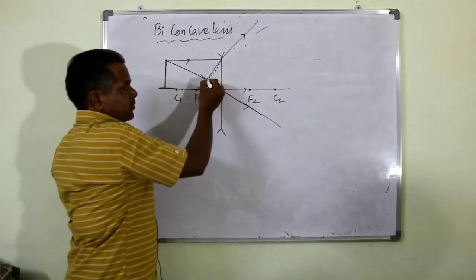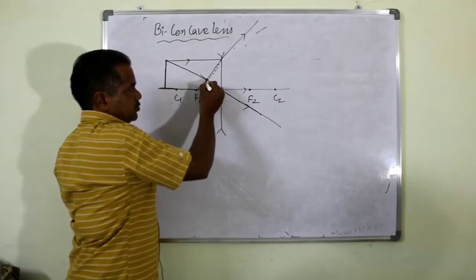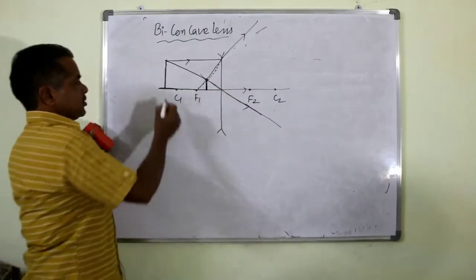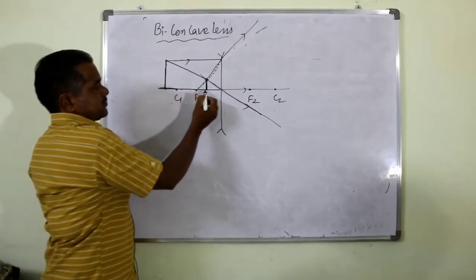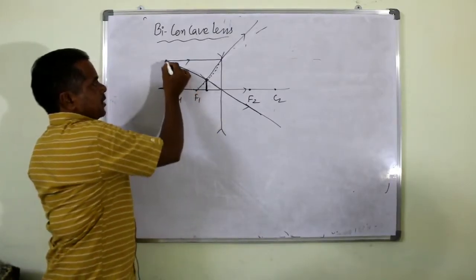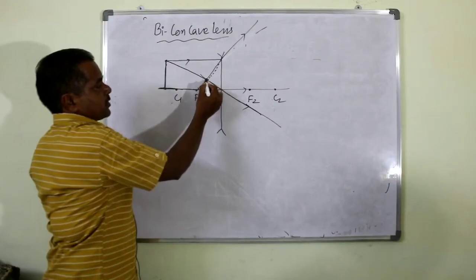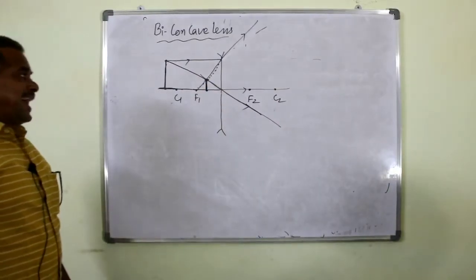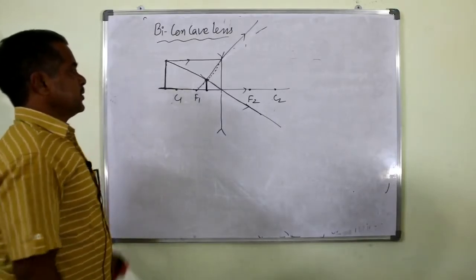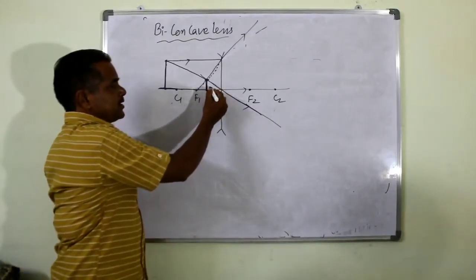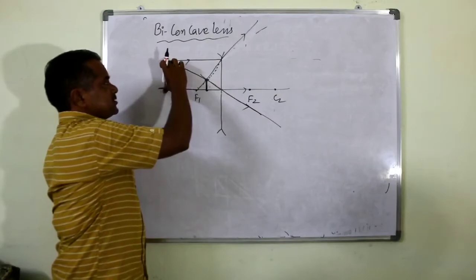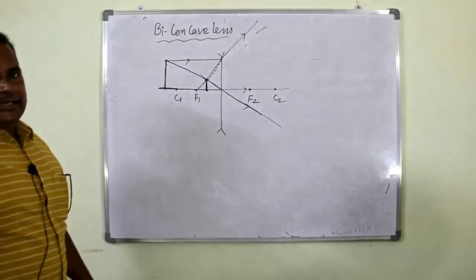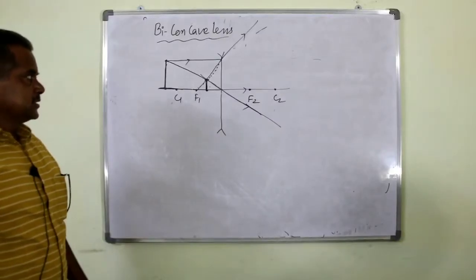Draw one normal from this point of intersection to the principal axis, and we get the image. Here also the bottom of the object is formed at the bottom of the image and the top of the object at the top of the image. That's why it is also an erect image, but the size of the image is less than the size of the object. That's why it is a diminished, erect, virtual image.